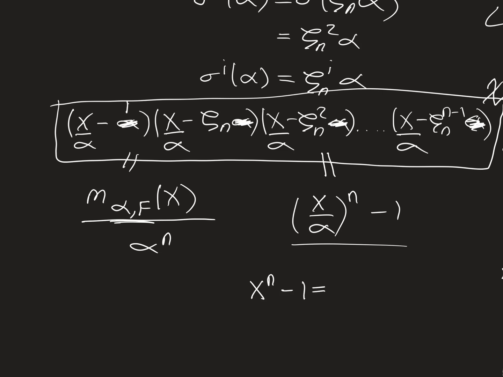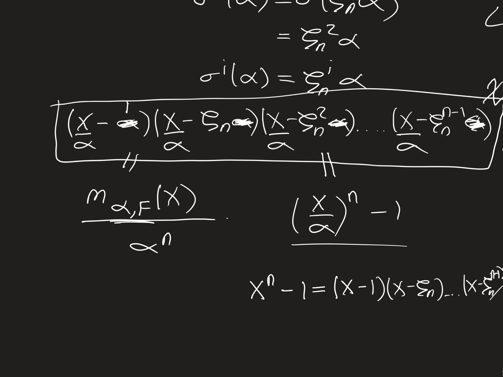So the polynomial x to the n minus 1 will have as its roots all of the nth roots of unity, which will be x minus 1, x minus zeta_n, all the way up to x minus zeta_n to the n minus 1. So that's what we're using here. We're using the fact that we recognize this polynomial now.